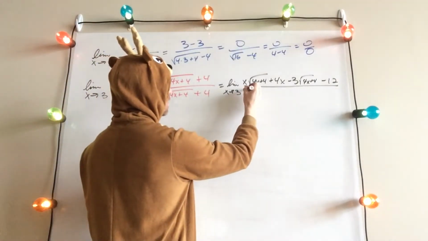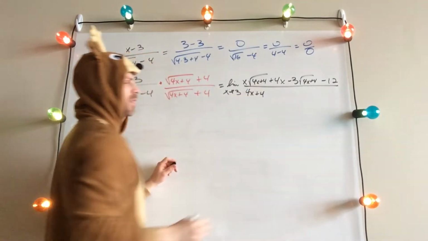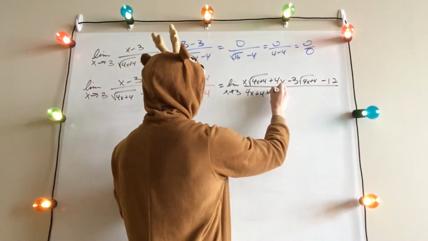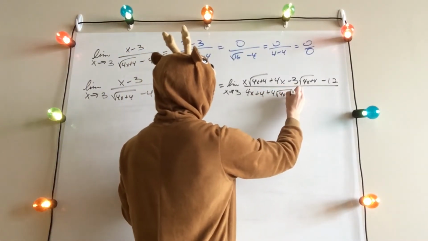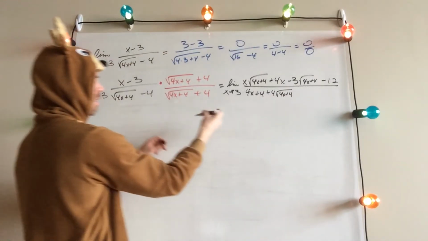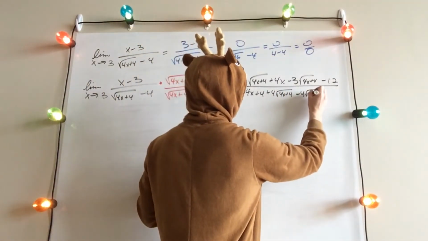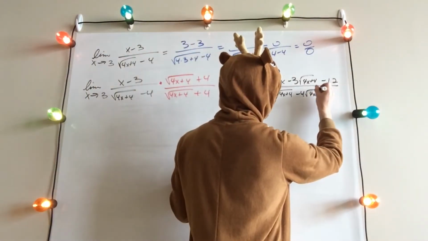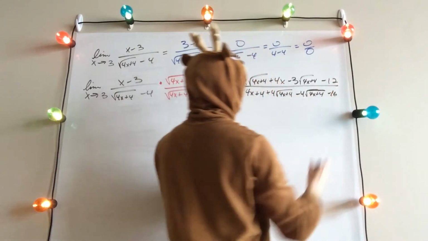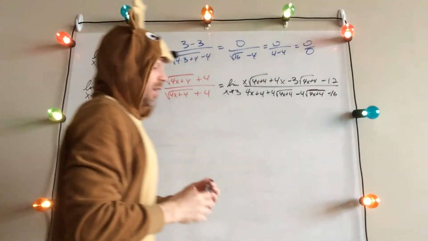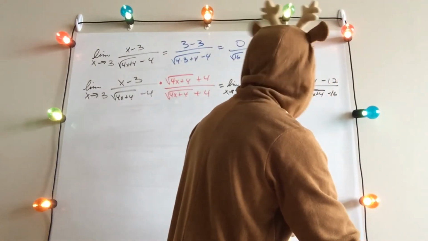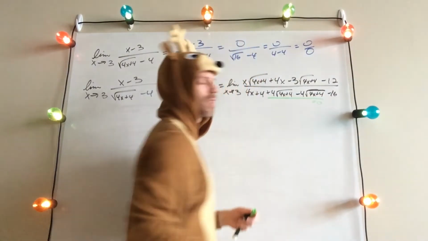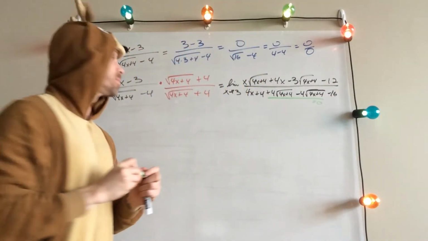We're left with just 4x plus 4, outer, inner, and last. In the numerator, nothing cancels out right away. In the denominator, though, we have these two pieces right here, which are the same, just opposite symbols, so they'll zero out.